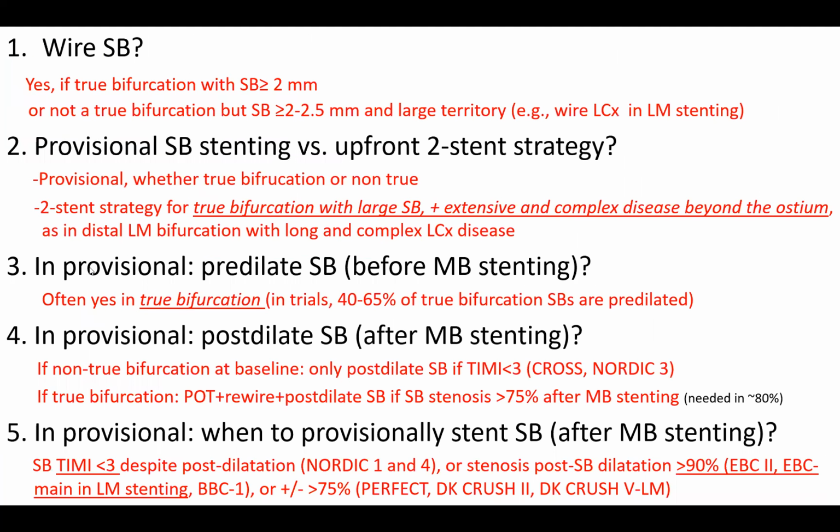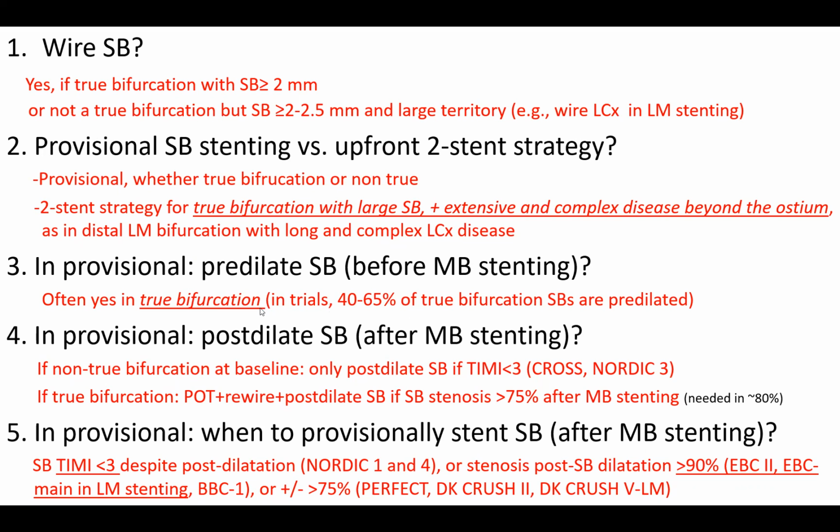Okay. So in provisional, once you've decided that you're going to do provisional approach in true bifurcation, for example, should you predilate the side branch? This is a controversial topic. My answer is yes. Most often is yes. In trials, about half of the patients in the provisional approach with true bifurcation received side branch dilatation.